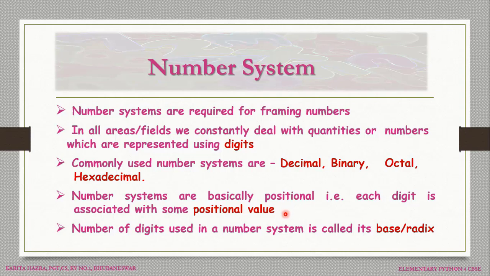Like they generally used pebbles or sticks for counting, and each pebble or stick represented one or any other value, which is the same for all sticks or all pebbles. However, in these number systems, binary, decimal, octal and hexadecimal, each digit has some value associated with it. The number of digits used in a number system is called its base or radix.